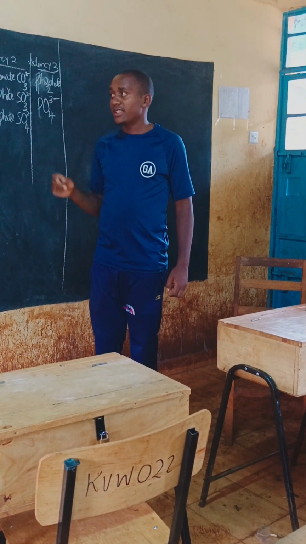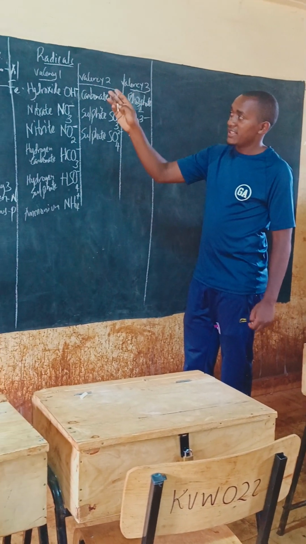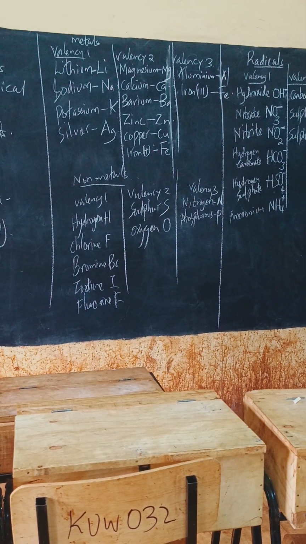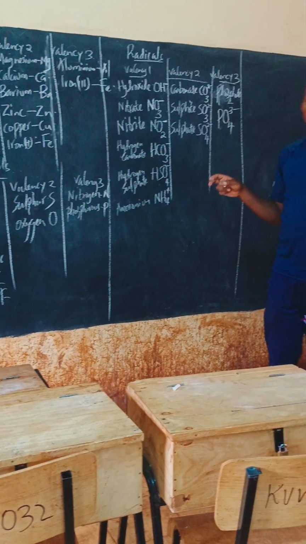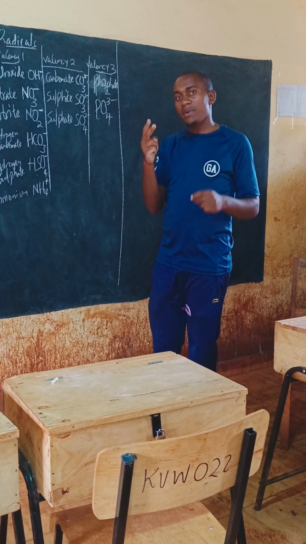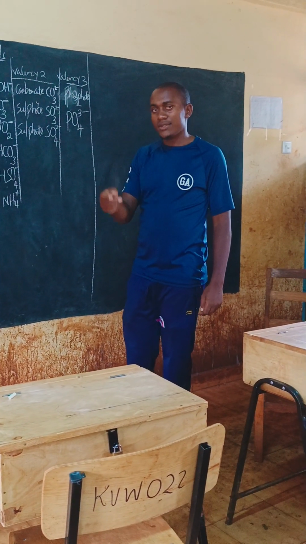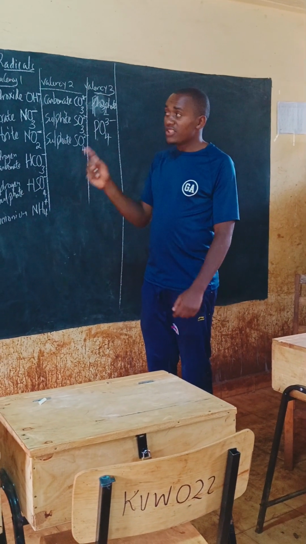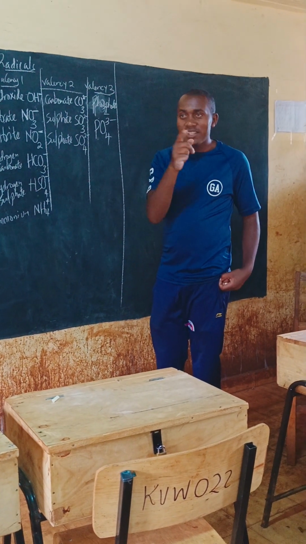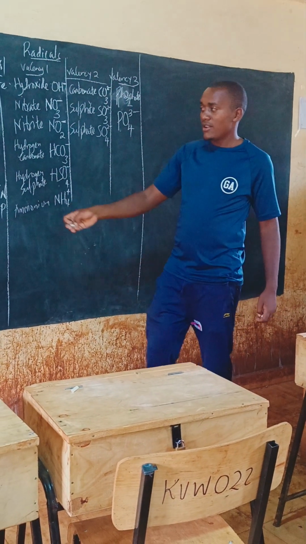But before you write the formula, you should understand how a compound is made up. We have compounds made up of 2 elements, and compounds made up of more than 2 elements. So in our next class, don't miss it, because it's very crucial and very helpful in knowing how to write the formula of the compound.